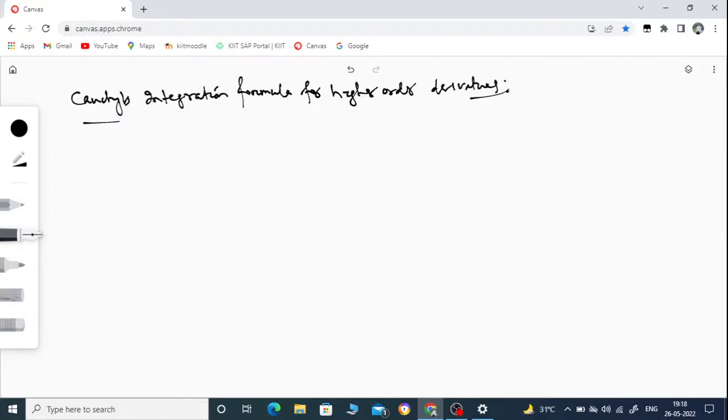What is Cauchy's integration formula? First I am writing Cauchy's integration formula.